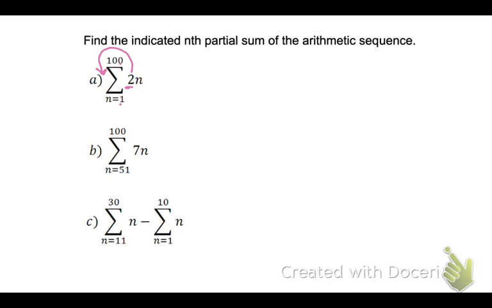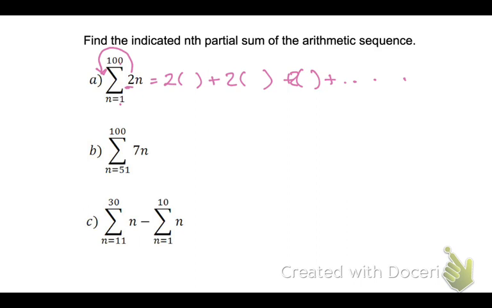If I wrote this out, it'd be 2 times something plus 2 times something plus 2 times something, yes? Couldn't I factor the 2 out because every single term has 2? What would be the benefit of factoring out the 2? My numbers would be smaller, and it's pretty easy to multiply by 2 when you're done.